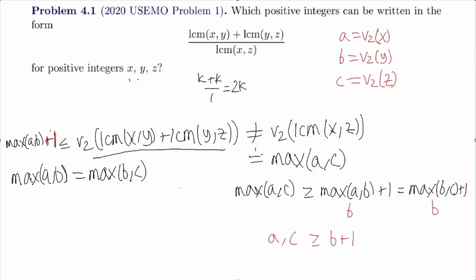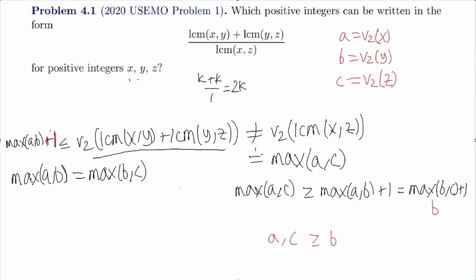But then this means that A and C both exceed the maximum, making the maximum not equal to B. Because if, for example, A was equal to B plus 1, this would be B plus 1 and B, and that would make the maximum B plus 1 instead of the B here.